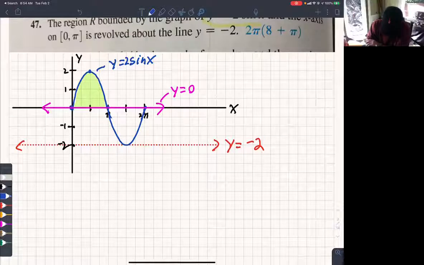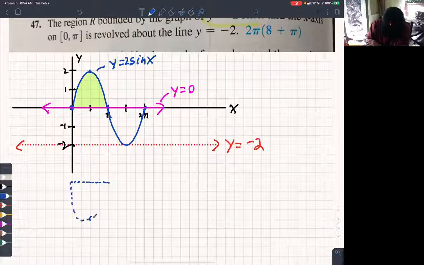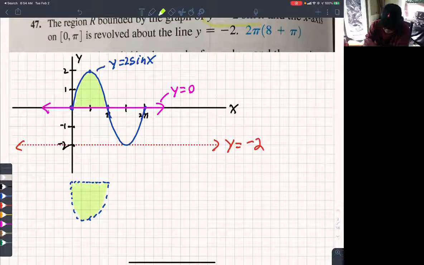I'm going to reflect this down and do a dashed line. And this is the part that's getting rotated. Now, that might help you see it. And actually, I don't like the way I drew this. Make it a little better.